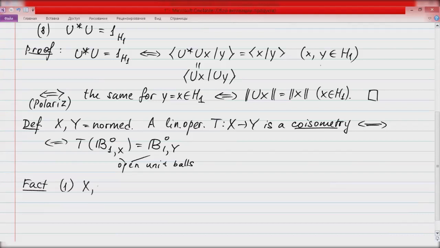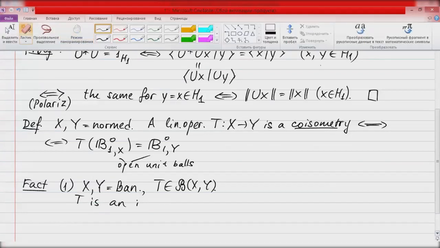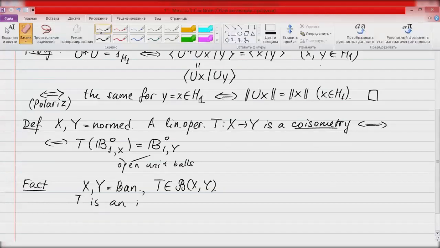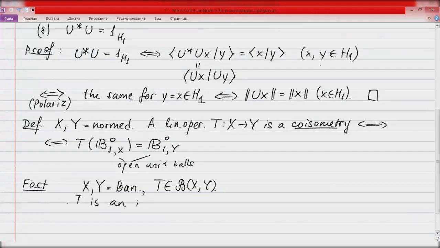If X and Y are Banach spaces, and T is a bounded linear operator from X to Y, then, so this is fact 1, T is an isometry if and only if the dual operator T star is a co-isometry.